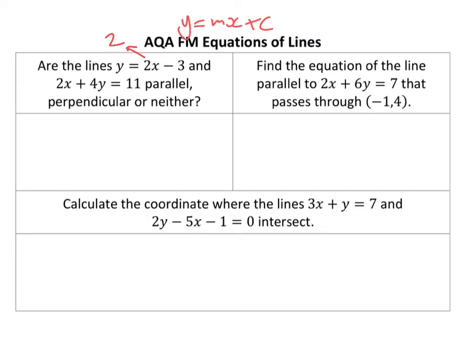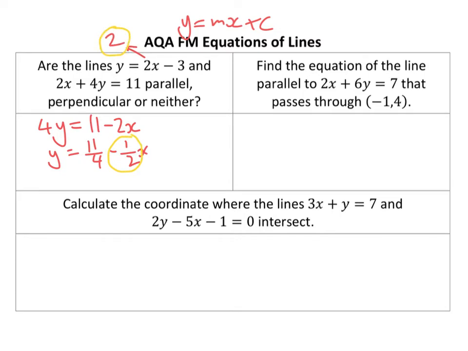Now for this one, I'm going to have to rearrange. So I get 4y equals 11 minus 2x. So y equals 11 over 4 minus a half x, since 2 over 4 is a half. Now I'm going to compare this gradient here with this gradient here.